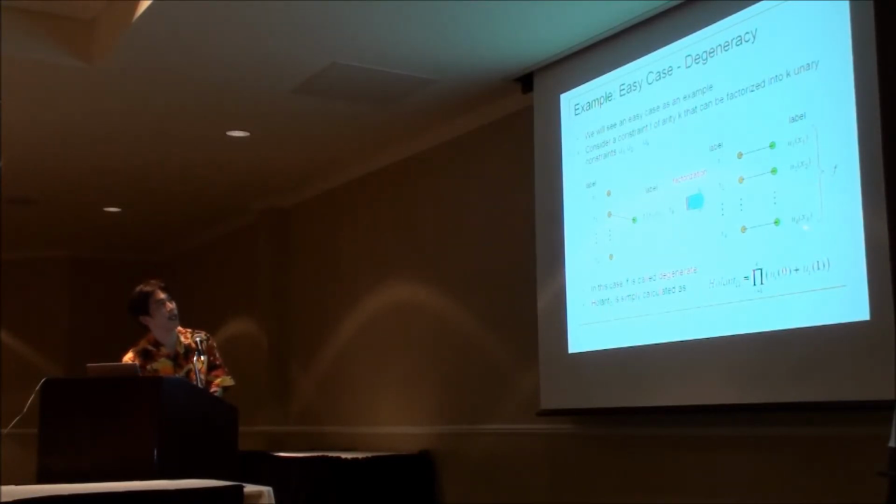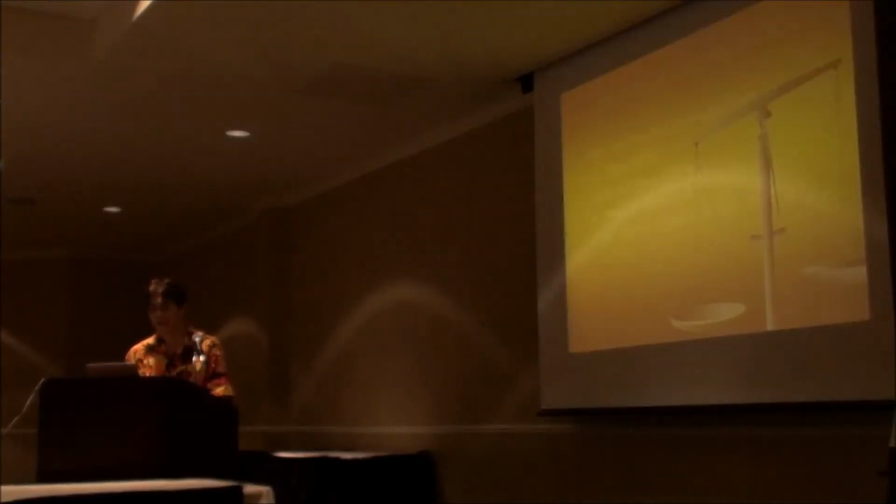So f is a multiplication of all those unary functions. In this case, f is called degenerate. Now suppose that you only have degenerate constraints, I don't care how many. Then the corresponding counting problem, #CSP, can be solved in polynomial time by simply calculating this value. So this is a very easy case.